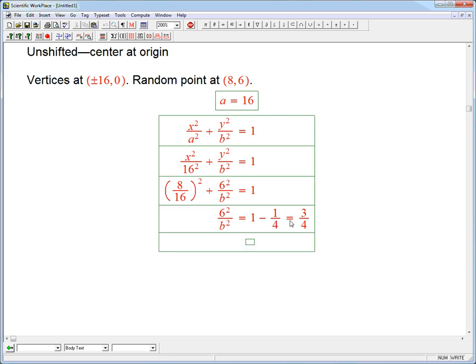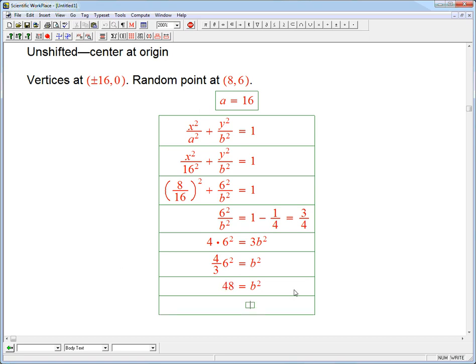Okay, and so cross multiplying we get 4 times 6 squared equals 3b squared, or b squared is going to be equal to 4/3 times 6 squared. Now that one we might as well multiply out. b squared equals, we could try to be clever about it, but it's not that important. 6 squared is 36, 4/3 of that is 48.